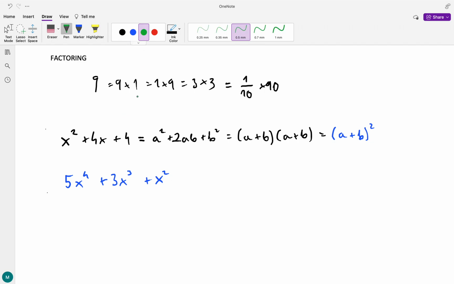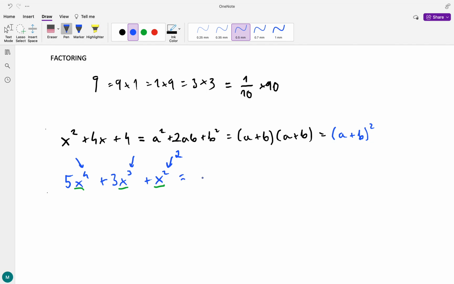But you see that we have a repeating variable that's x. So in this case, we want to see what is the highest power of x in our polynomial. In this case, that power is 2. So this means we can factor out x squared out of this polynomial and write the rest inside a parentheses.